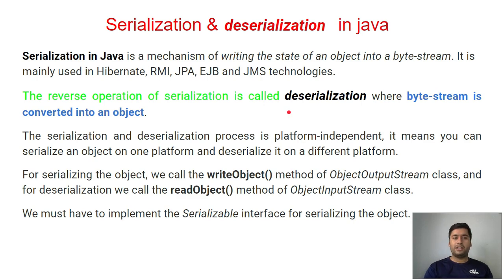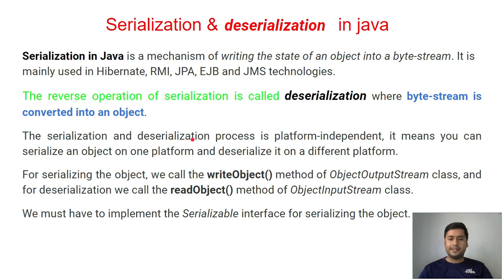Whatever we do for serialization, if you do the reverse process, that is deserialization, where the byte stream is converted into the actual object. So whenever you store data into a database or a file, the object is first converted into a byte stream, that is serialization, and from the byte stream converted back into the actual object, that is deserialization.